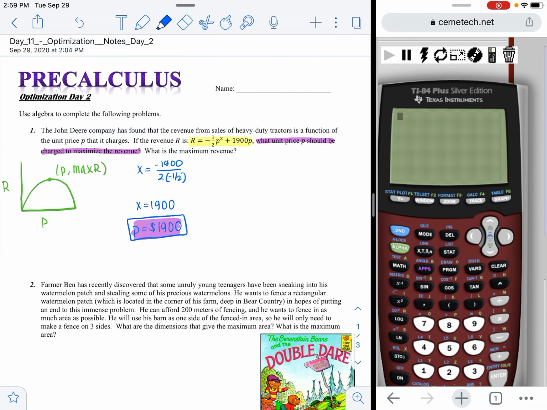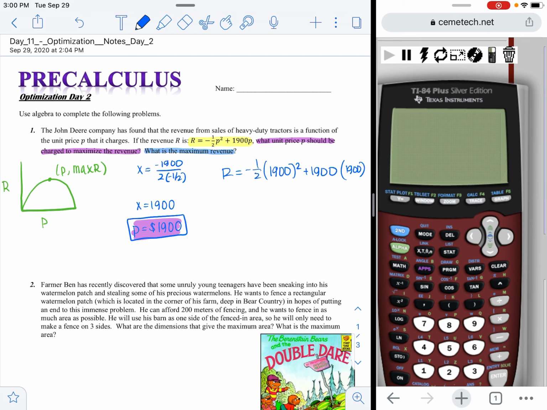All right, the next question is, what is the maximum revenue? So now I want to find that R value. I'm going to do R equals negative 1/2 times 1900 squared plus 1900 times P, which is 1900.